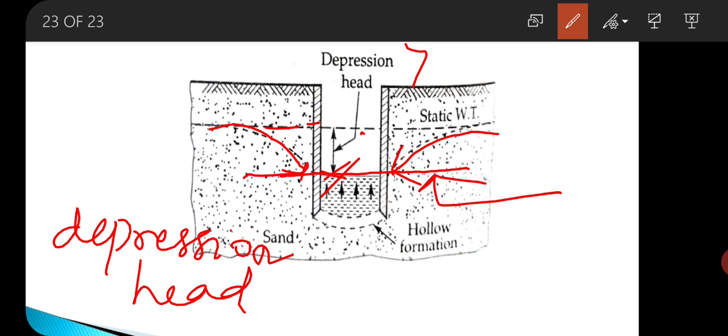Hence, the water surface, you can see, will fall gently in the beginning. This one is the static water table, that means ground water table. Due to this travel of water, the water surface will fall gently in the beginning. So here this one is the beginning.